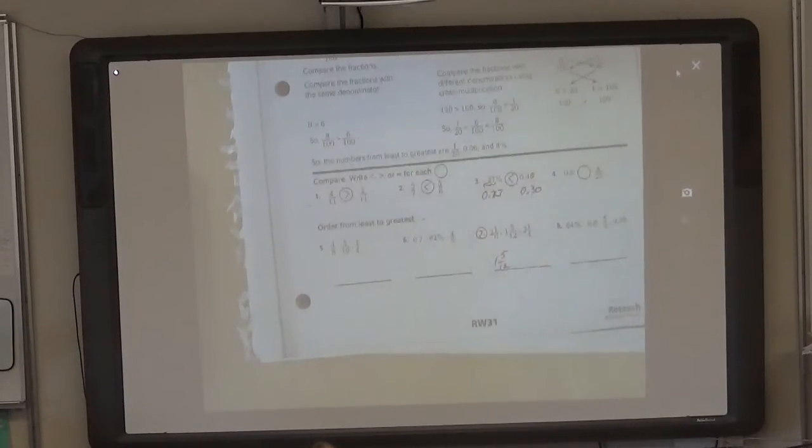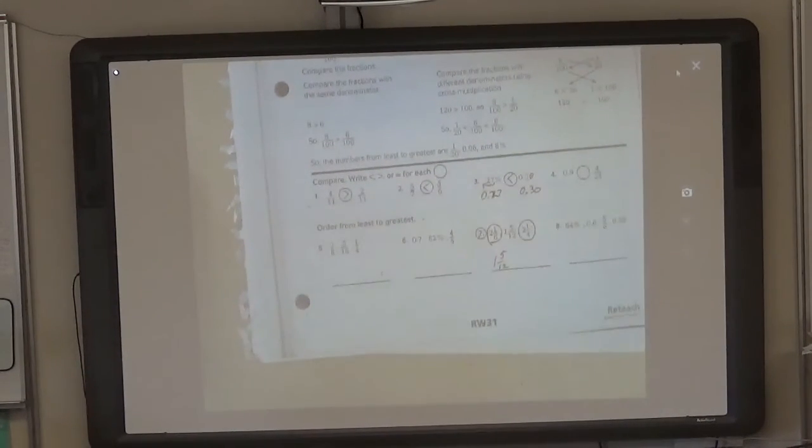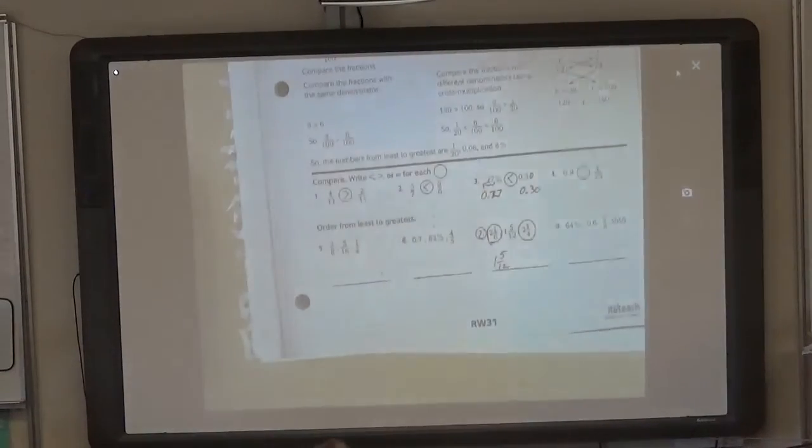Okay? Then, look at these two. What do you notice about the numerators? They're different. 1/6 versus 1/4. Now you can look at yours if you want to. What do you notice about those numerators in number 7? 1/6 versus 1/4. They're divisible by 2.